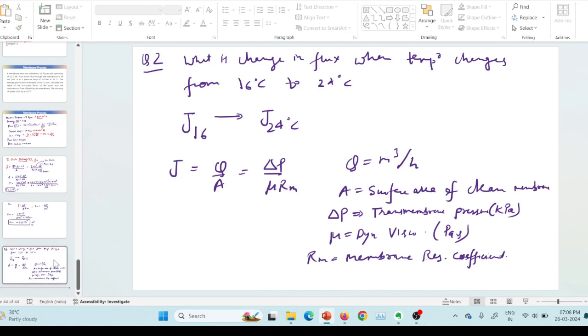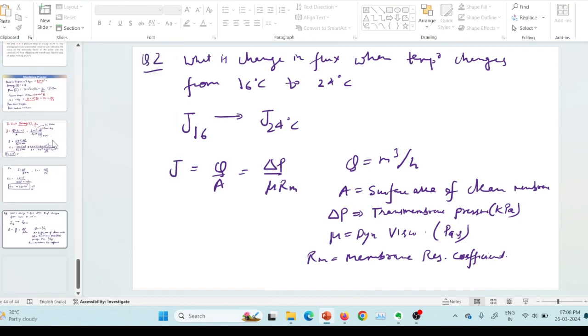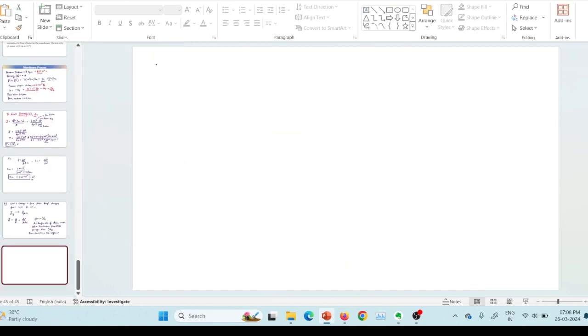So we know that the viscosity is changing with temperature. The relation of viscosity with temperature is given as we studied in the initial MCQs also. Mu will be 1.777 minus 0.052 T plus 6.25 into 10 to the power minus 4 T square.